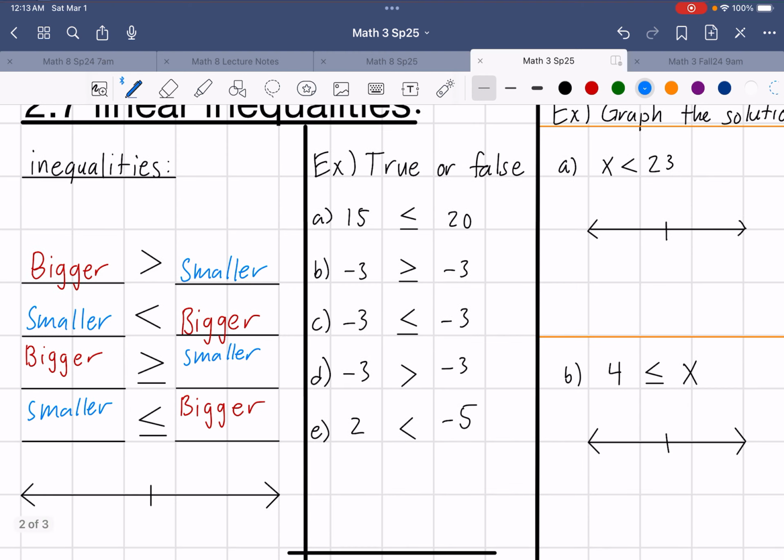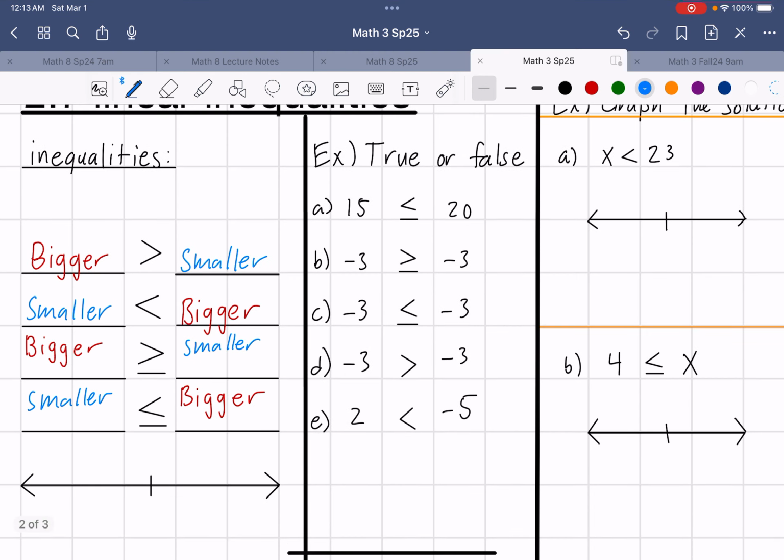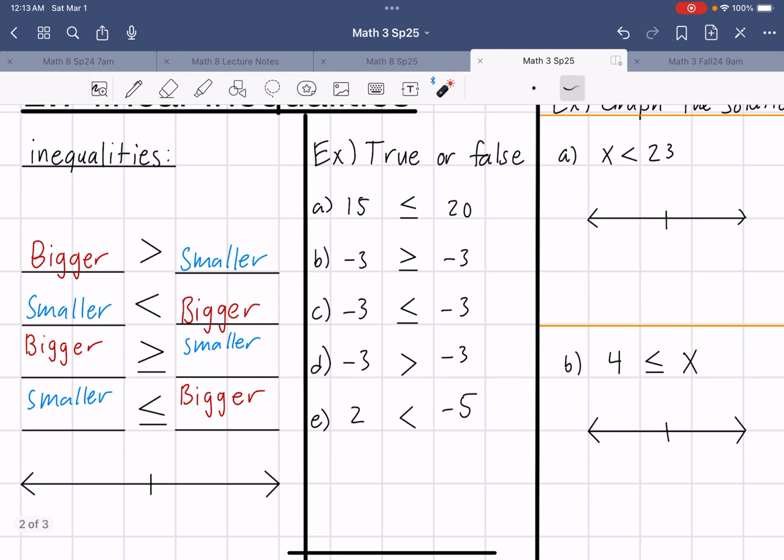And that's because once we actually start graphing these inequalities, you're going to have a variable, and you can see a little bit of what I'm talking about. There's going to be a variable on one side and a number on another. And that number is going to be your reference point on a number line.